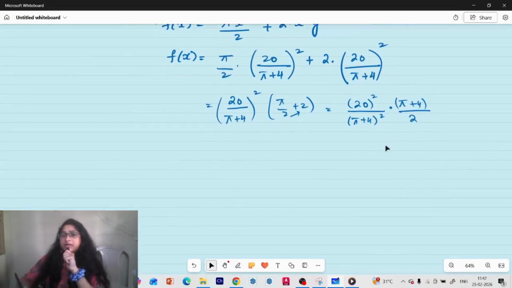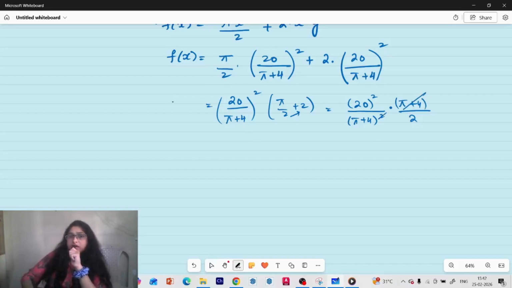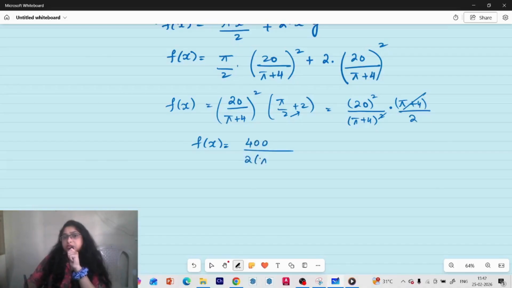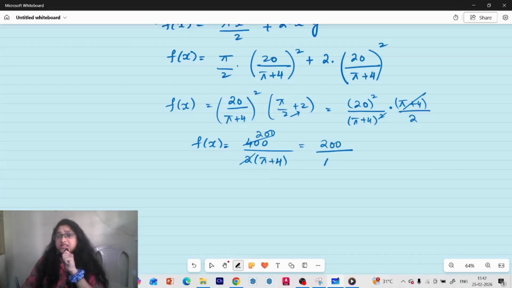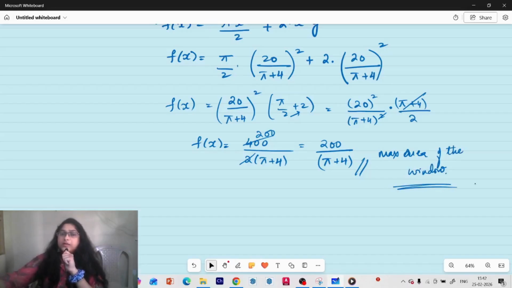Okay, so one pi plus 4 and another pi plus 4 is gone. And then you have f of x is equal to 20 square, which is 400, by 2 into pi plus 4. What is 400 by 2? Which is literally 200 by pi plus 4, and so that is the value of the maximum area of the window. Okay, that's your answer.